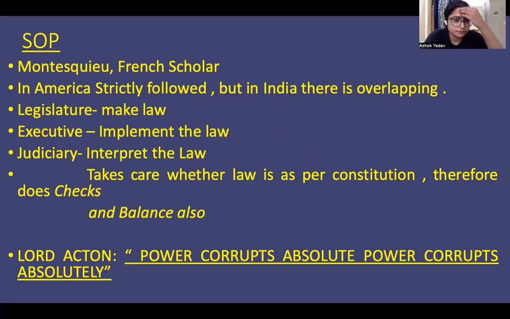And as I have already told, I'll be covering why and how there is overlapping. So let's read. Okay, so yeah, legislature makes the law, executive implements the law, judiciary interprets the law. That is, they also take care whether the law is as per the constitution.